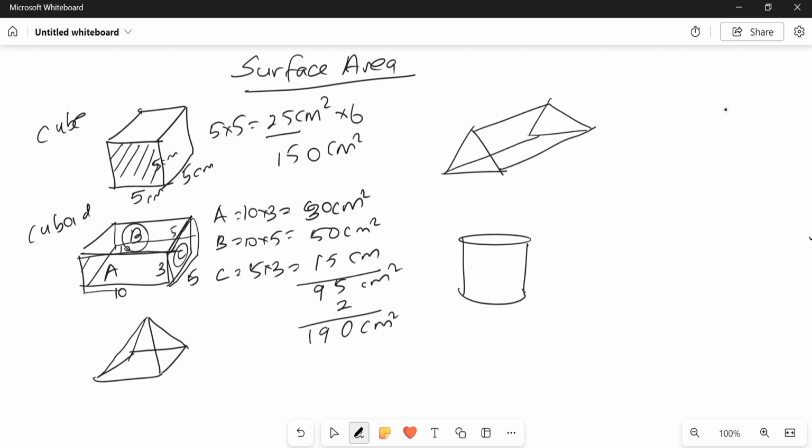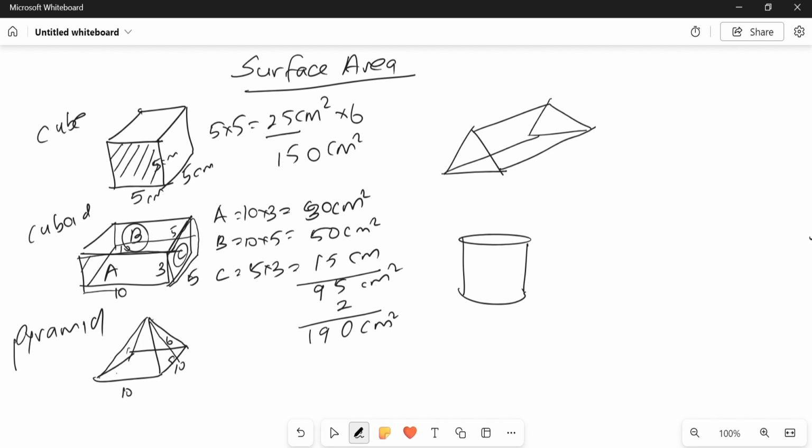cuboid. Now let's see how to find the surface area of a square based pyramid. This is called a pyramid, a square based pyramid. The down face is square. So this is 10, this is 10, and the perpendicular height of the face is 6 centimeter.